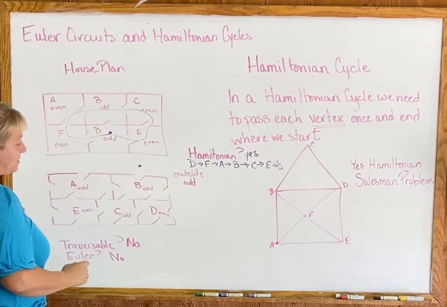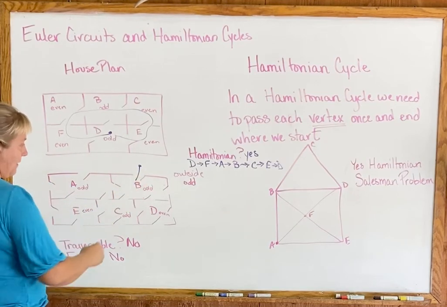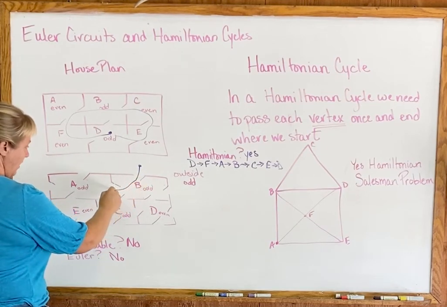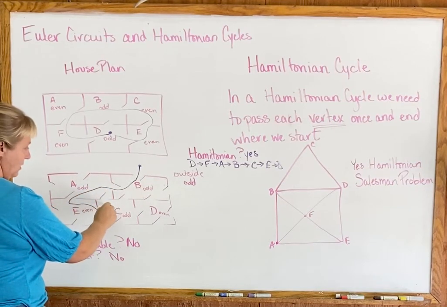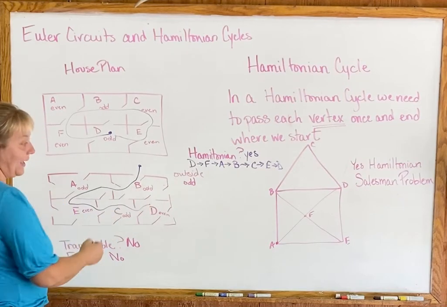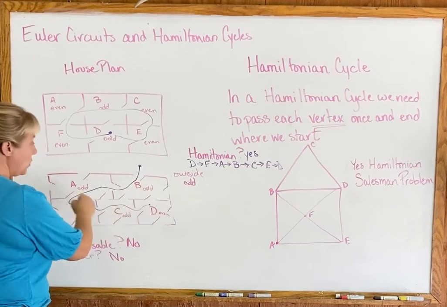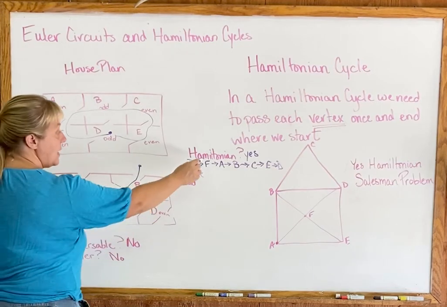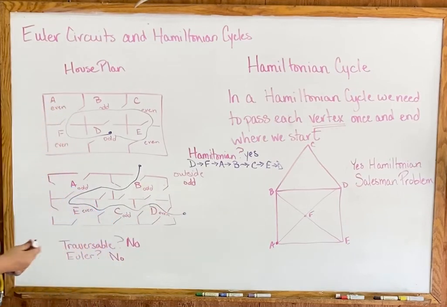So if we start outside, we could come in through room B, and then we could go into A, over here to E, C, D. Now, can we go back into room B? No, we can't. But we've gone through all the rooms, so to make this a Hamiltonian cycle, we just need to end up back outside.